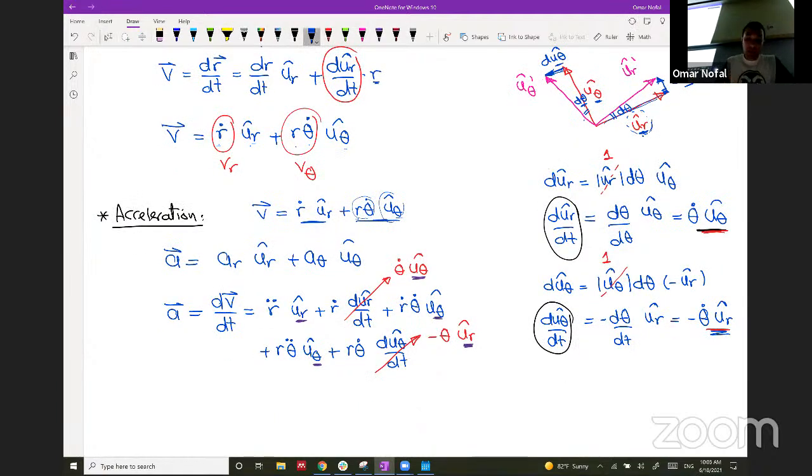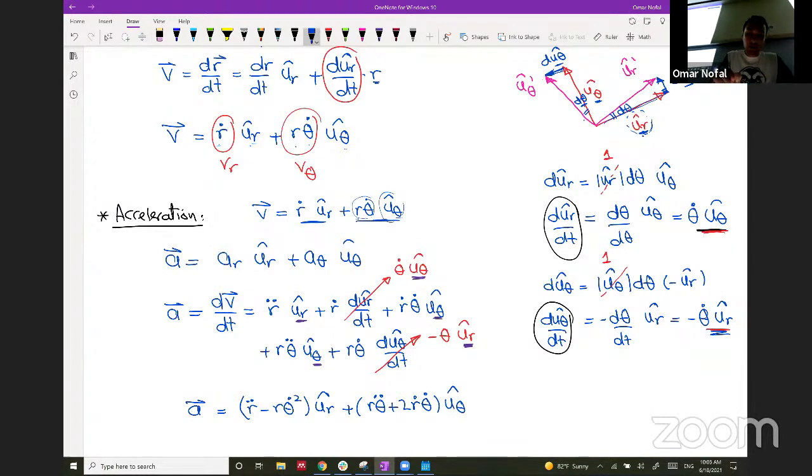You will end up with the acceleration equal to r double dot minus r theta dot squared in the u_r hat direction, plus r theta double dot plus 2 r dot theta dot in the direction of the u_theta hat.